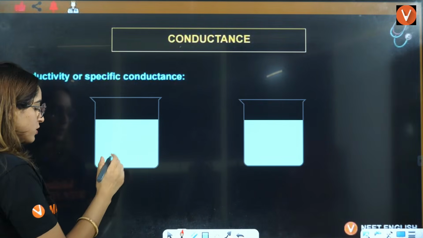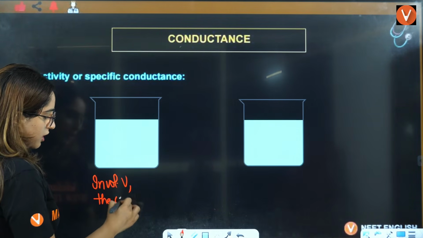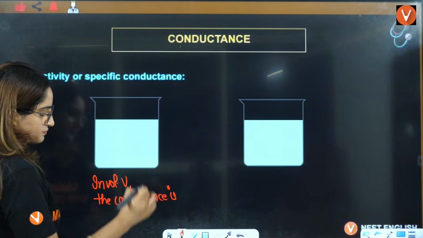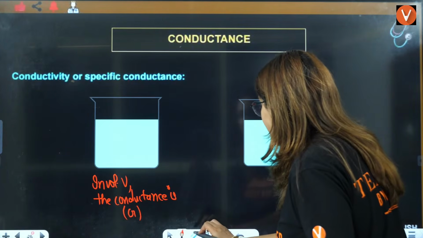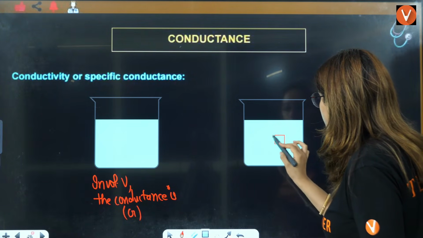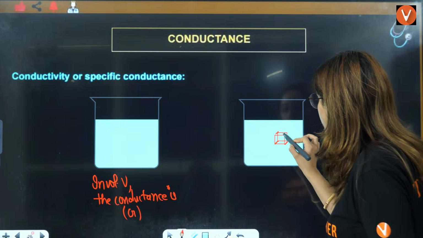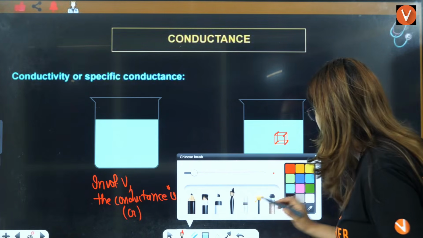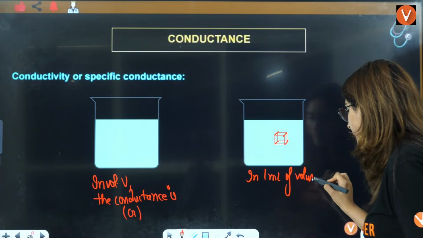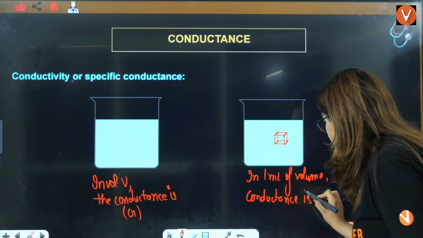So if I discuss volume V, the conductance is capital G. But if I define that I am only talking about 1 unit volume, in this 1 unit volume, say 1 milliliter, the conductance is kappa.